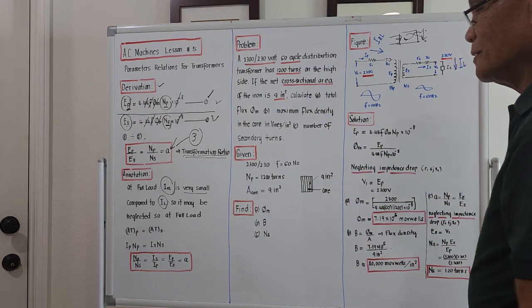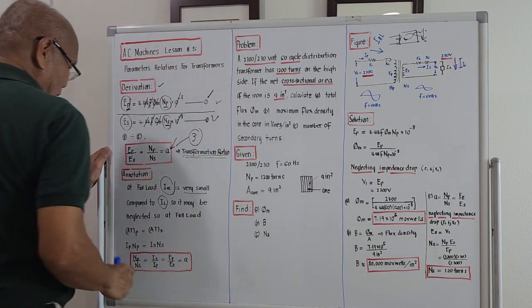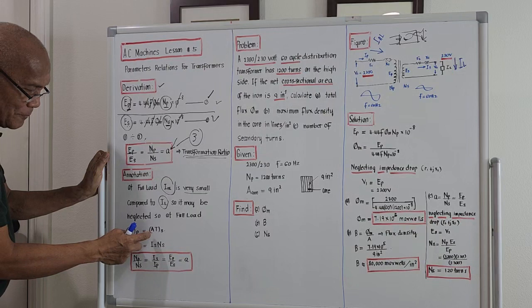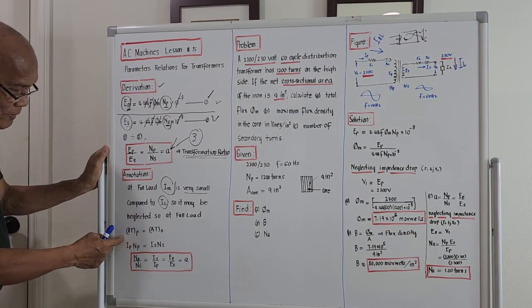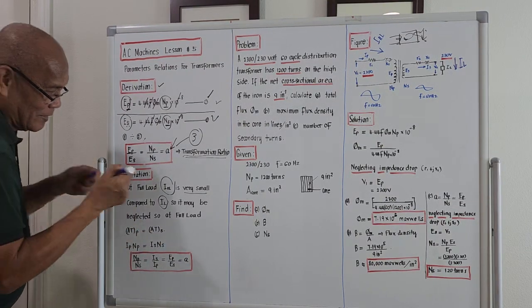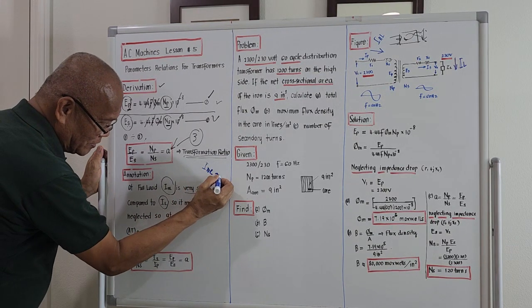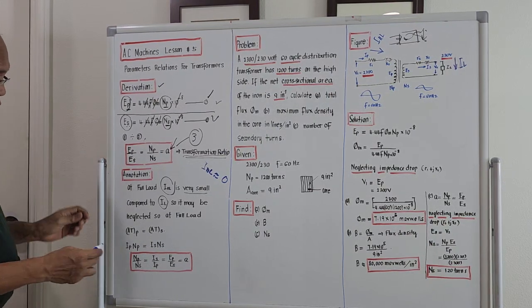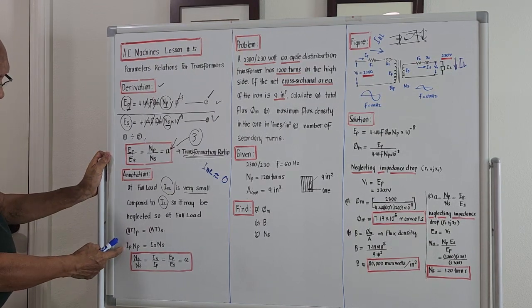So at full load, okay, I place another equation over here. Capital AT with subscript P should be equal to capital AT with subscript S, meaning the ampere turns on the primary should be equal to the ampere turns of the secondary, if I no load is almost equal to 0. So from this, what is ampere turns? What is ampere? It is current, right? What is turns?